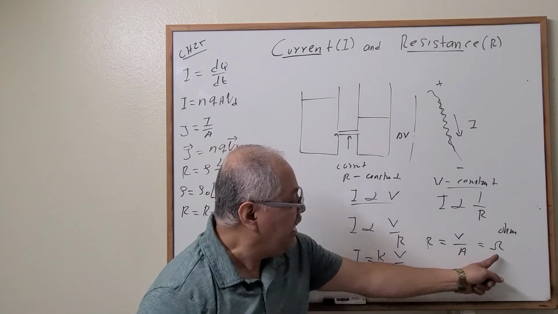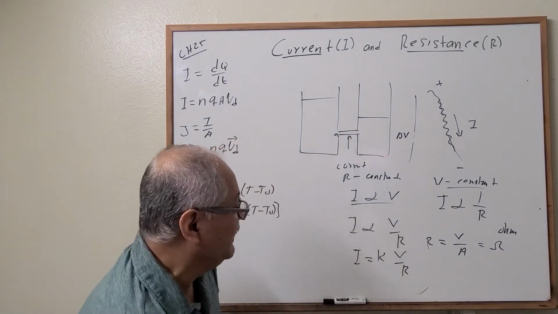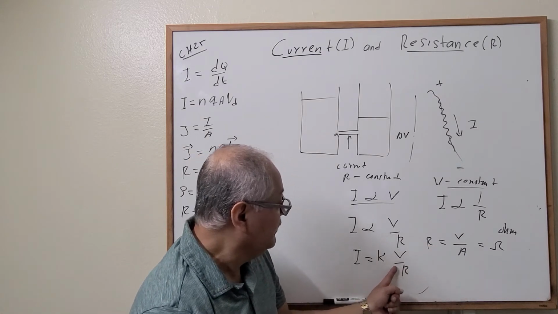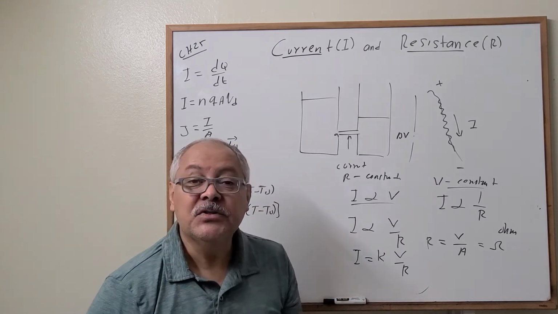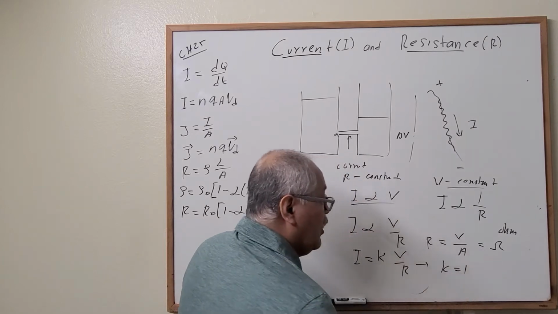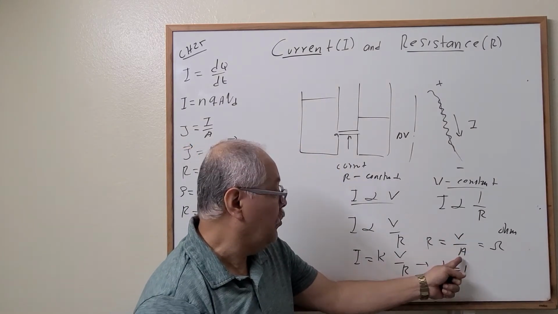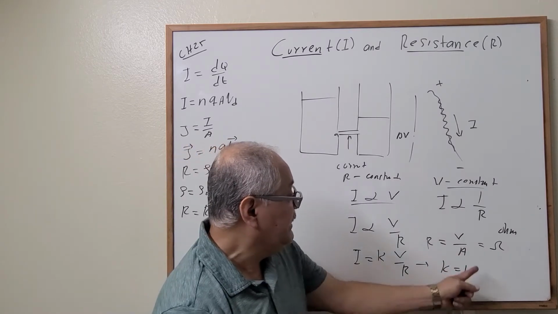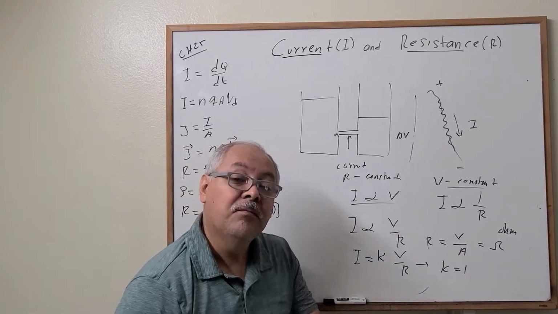The letter is omega, what we call ohms. Now, when we substitute this value right here, we find that K is equal to 1. When we define the units for resistance to be volts over amps, we find that K takes the value of 1.